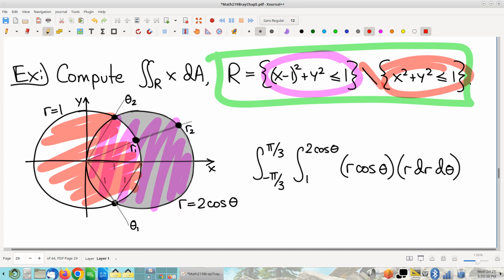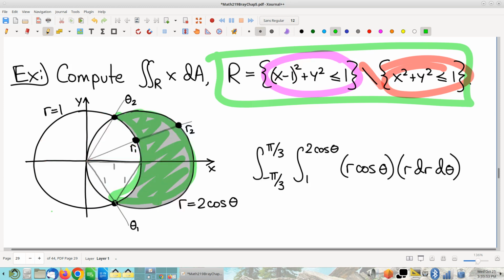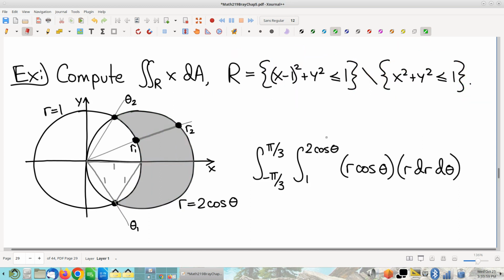And what do you get when you take that big red bite out of that purple disk? What's left over is kind of a little solar eclipse? Just to make a call back to last week. It's something about like that. Is that cool? All right, so let's think about how to do this.